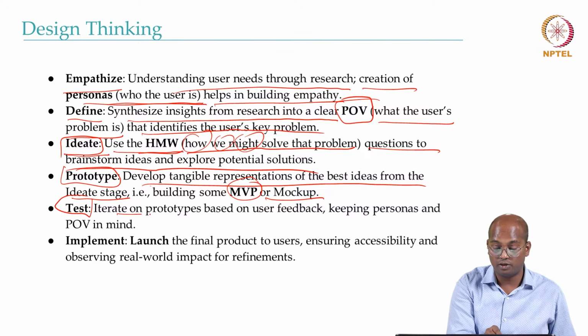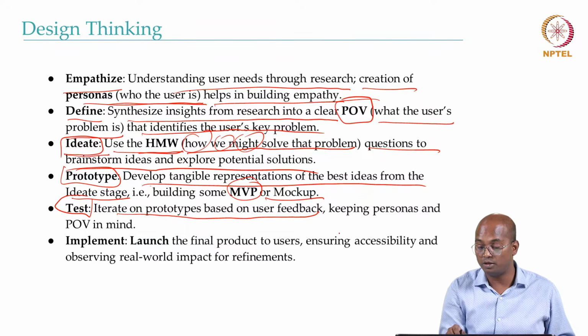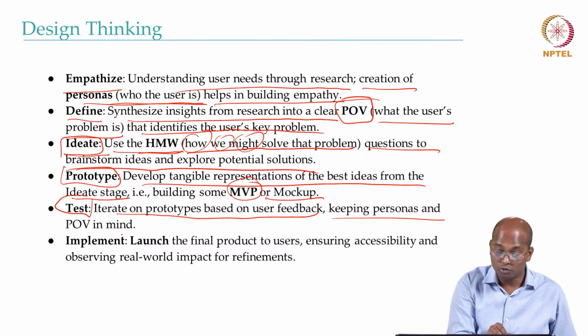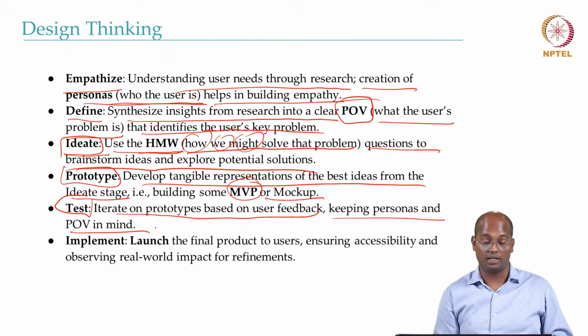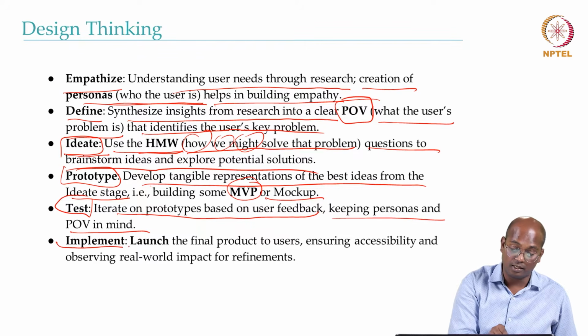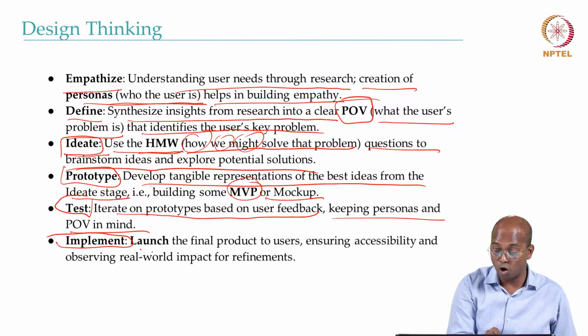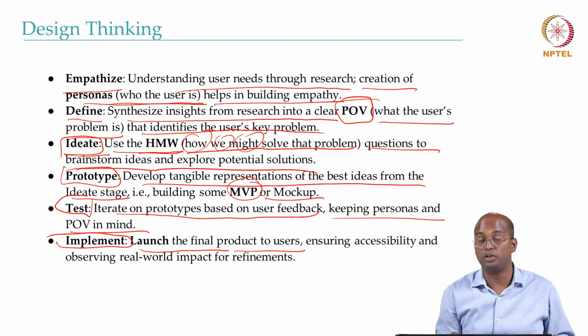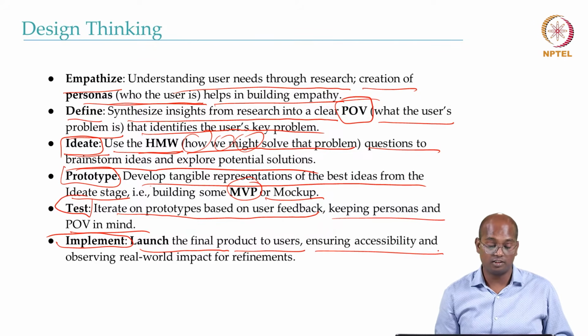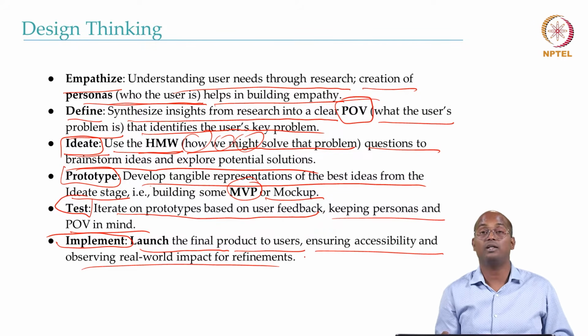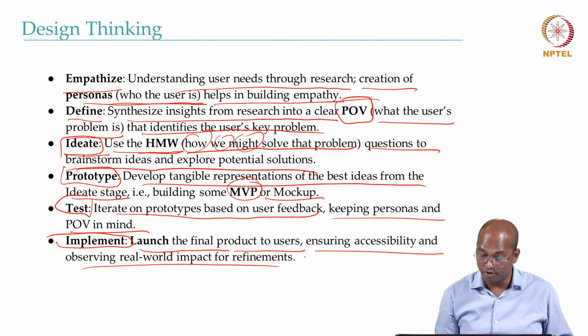Test it, iterate on the prototype based on the user feedback, keeping personas and the point of view in mind. And lastly, the implementation stage where you launch the final product to the users, ensuring accessibility, observing real world impact for refinements.